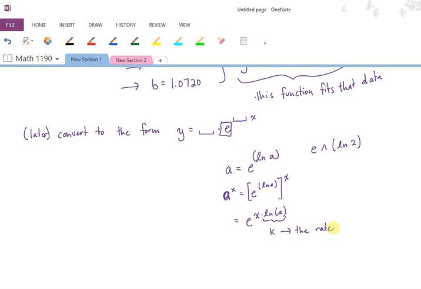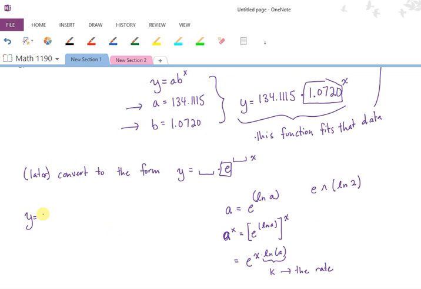So what we're going to have is y equals, we're starting off with this, 134.1115 times 1.0720 to the x.